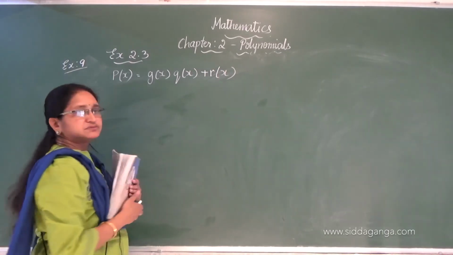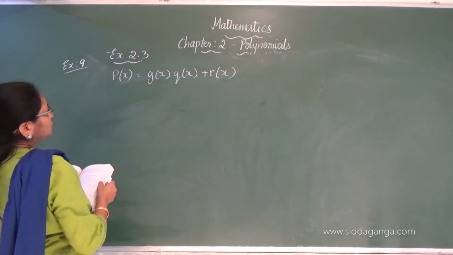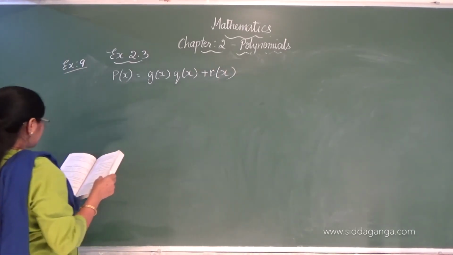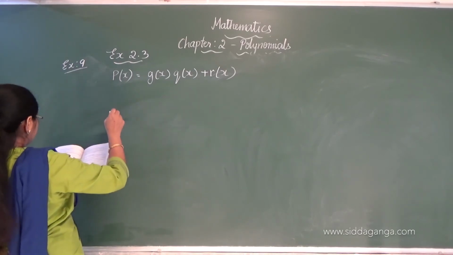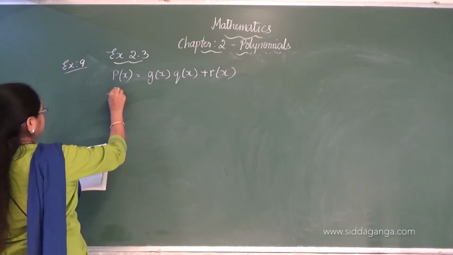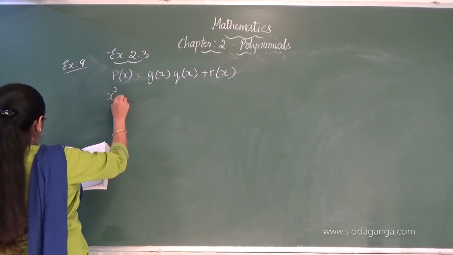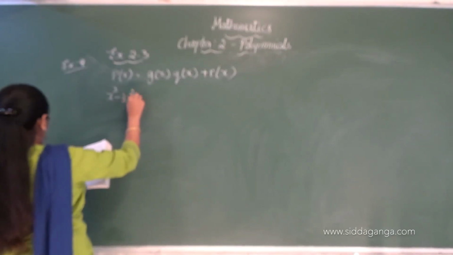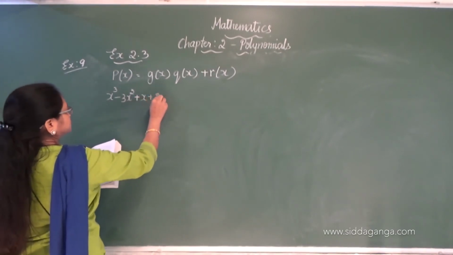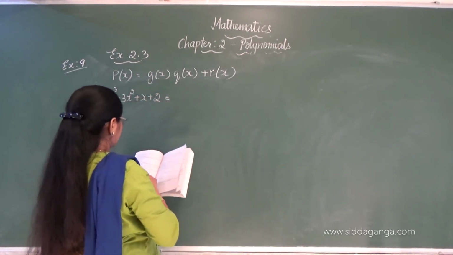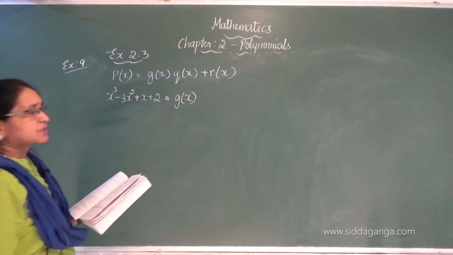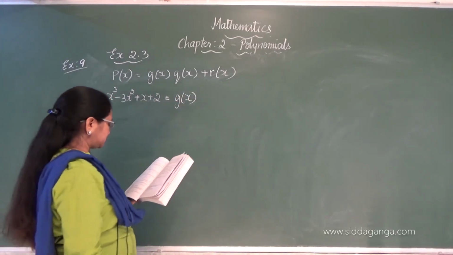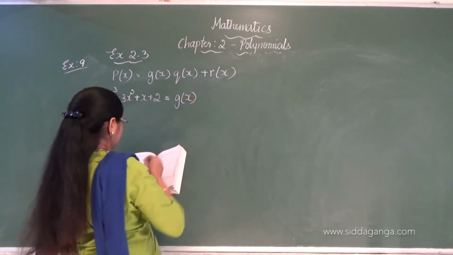You can remember this division algorithm. Now just write what all they have given. On dividing x cube, so here p of x is x cube minus 3x square plus x plus 2, we divide by g of x. We don't know g of x, so I have written g of x only.